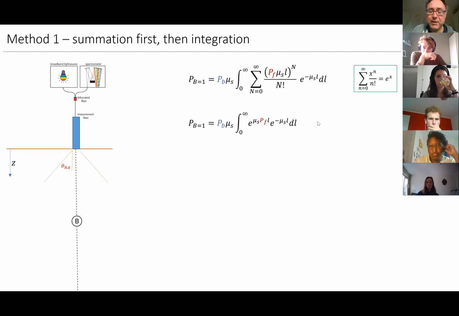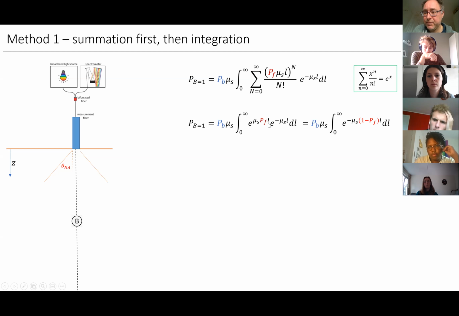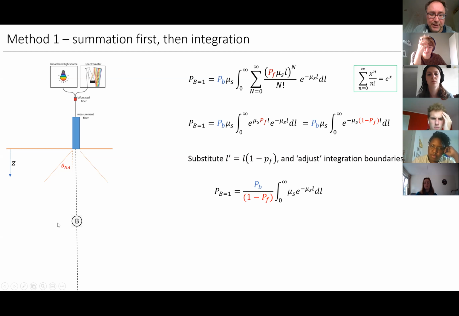Then we can juggle a little bit with the pluses and the minuses. So if we rearrange this a little bit, we can write it as minus mu s times 1 minus pf times L. Now to solve this integral, we can make a substitution.